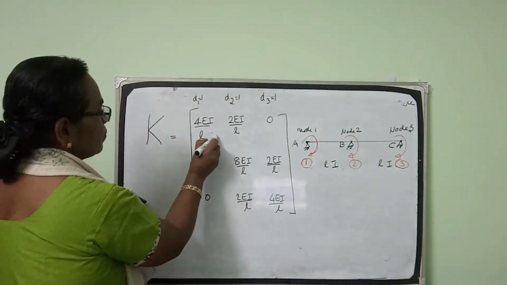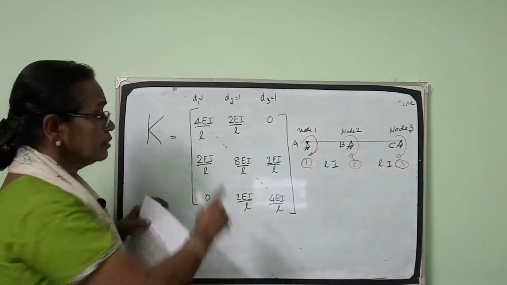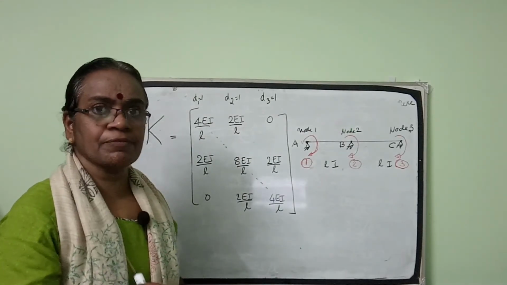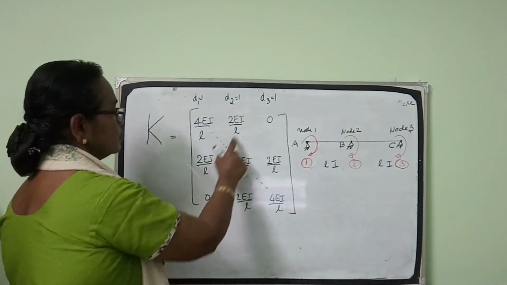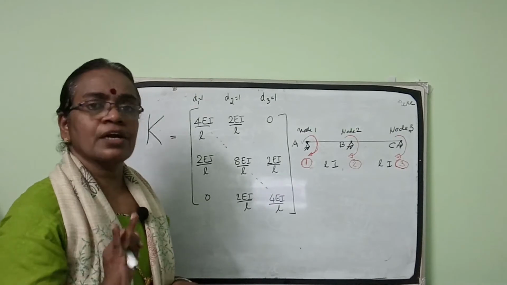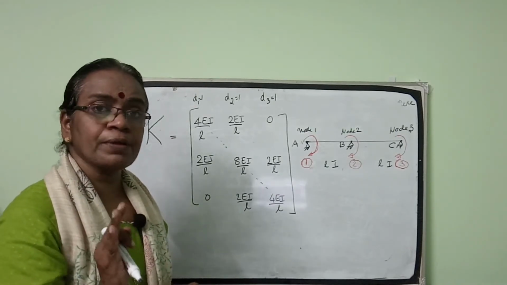Let us check whether it satisfies the conditions of a stiffness matrix. It's a square matrix. It's a 3 by 3 matrix, since 3 coordinates are given. It's a symmetric matrix. Check 2EI by L, 0, 2EI by L. The third one, it's a diagonally dominant matrix.